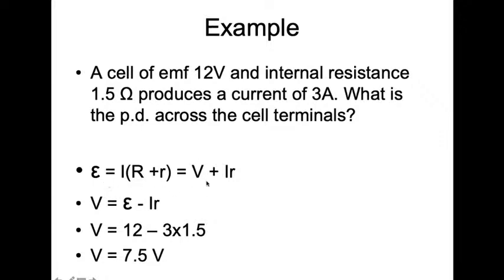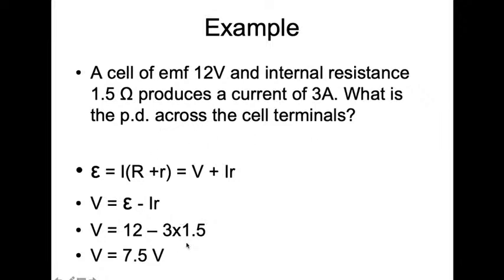So we can rearrange it to solve for this potential difference across the cell terminals. That would be our EMF minus our current times the internal resistance of this cell, 1.5. So we get 12 volts minus our current of 3 times 1.5, giving us 7.5 volts. That's actually being measured across the cell terminals.